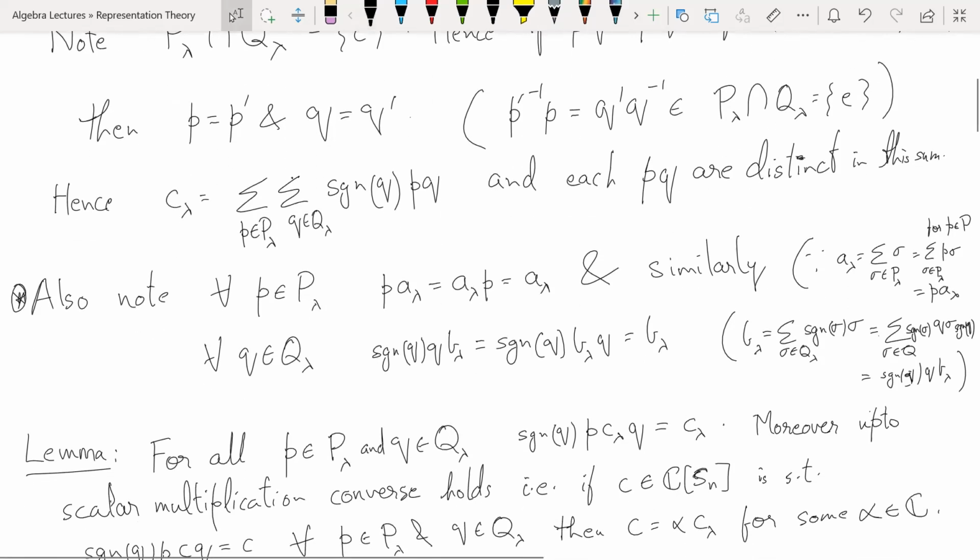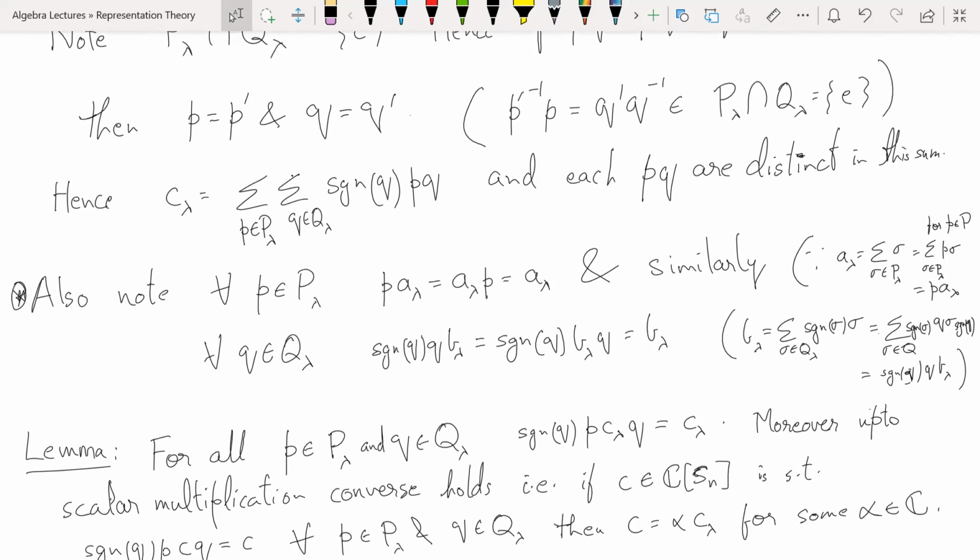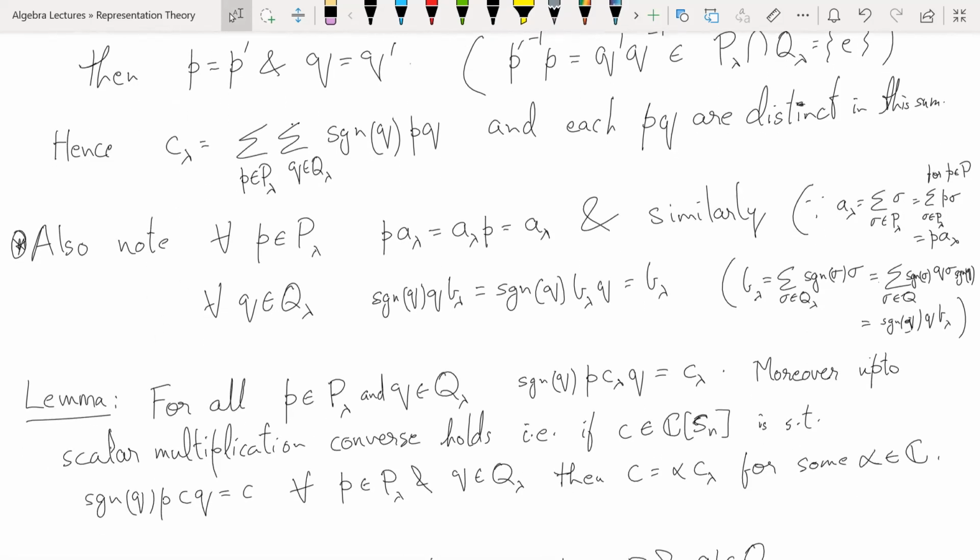So here is the first crucial lemma, which we'll note. For all p in P lambda and q in Q lambda, if I pre-multiply this c lambda by p and post-multiply it by q, you get sign of q times c lambda.